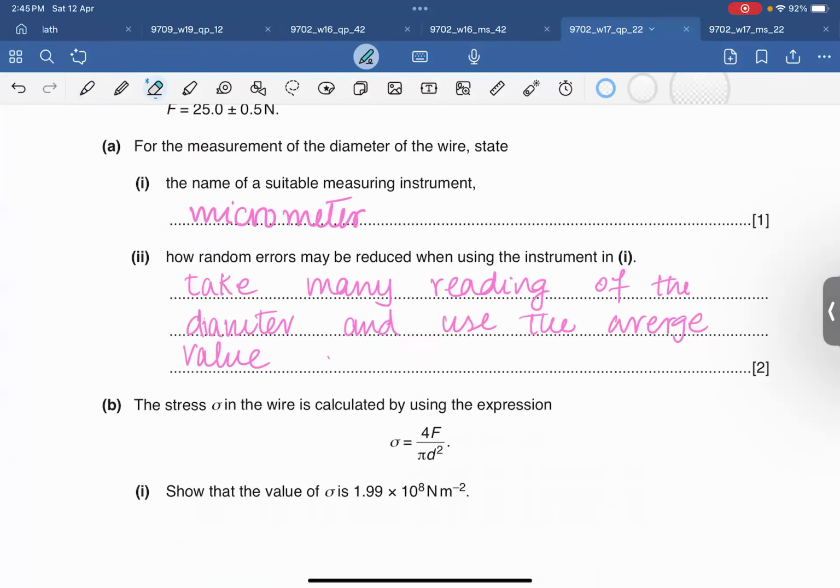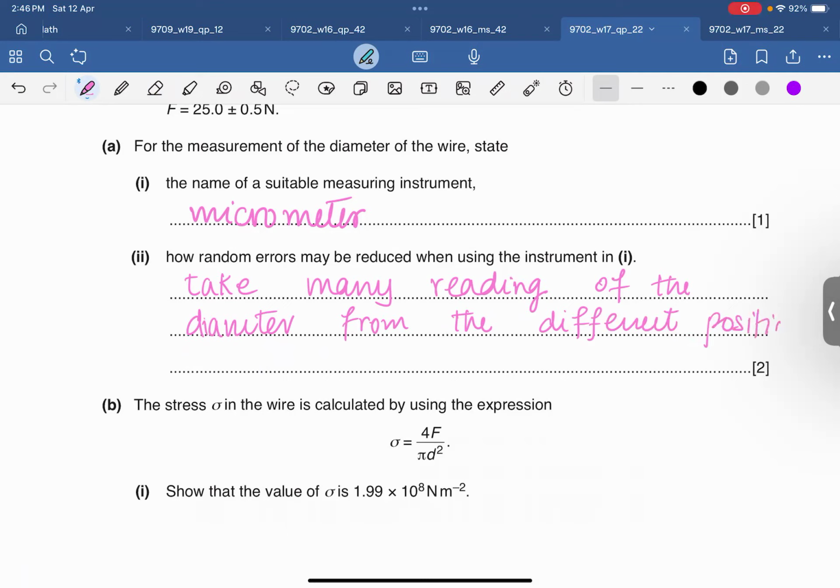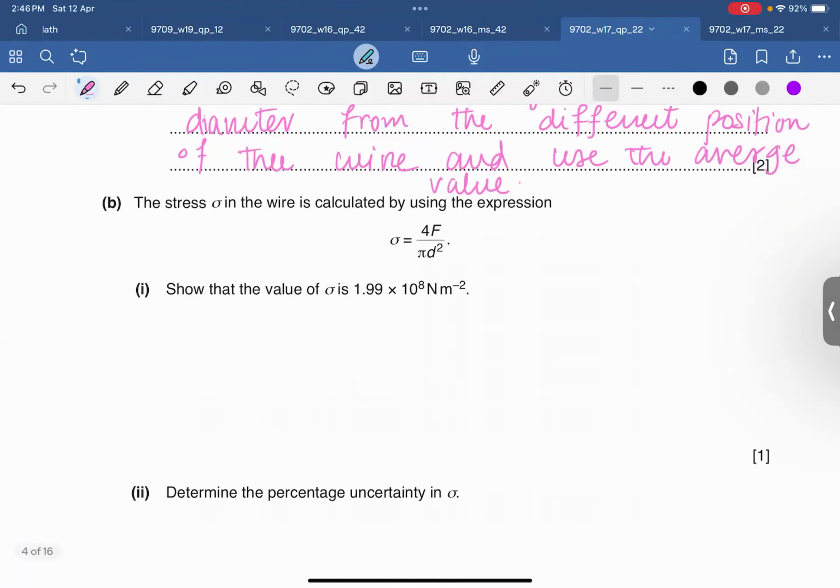Okay, take many readings of the diameter from different positions of the wire, and use the average value. Fine.